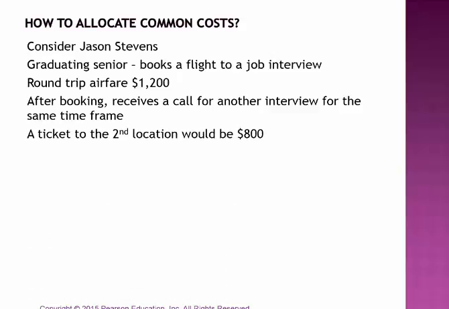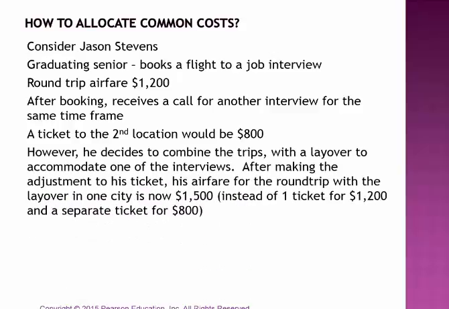If he were to go separately in another round trip, it would be $800 to go to the second interview. But he calls and makes some changes to his original ticket, and he basically adds a layover in for the second interview in order to accommodate that interview.